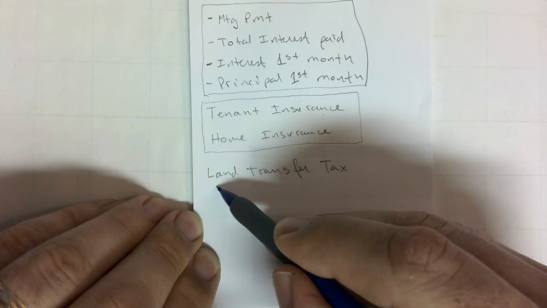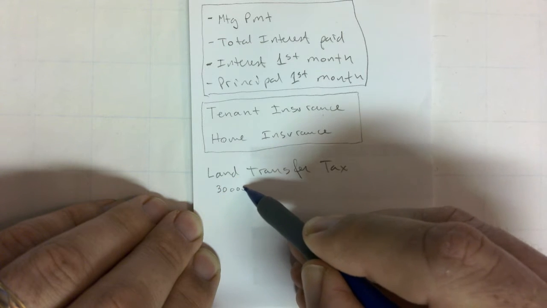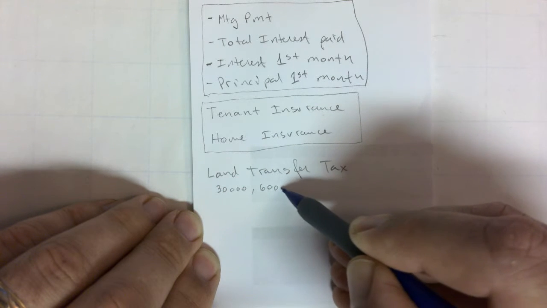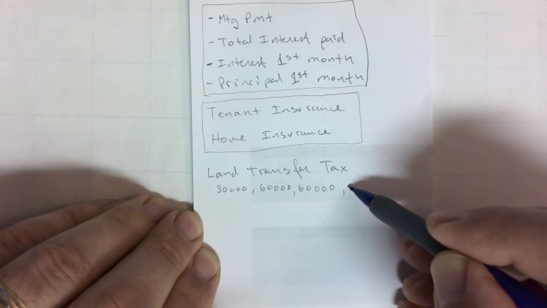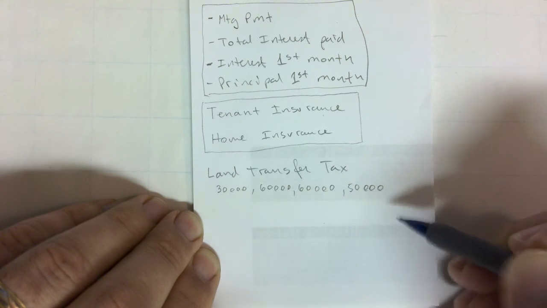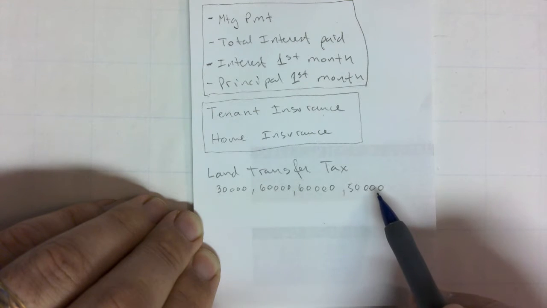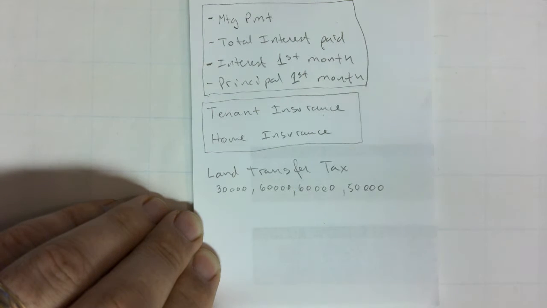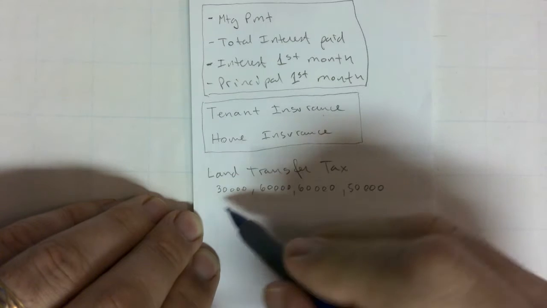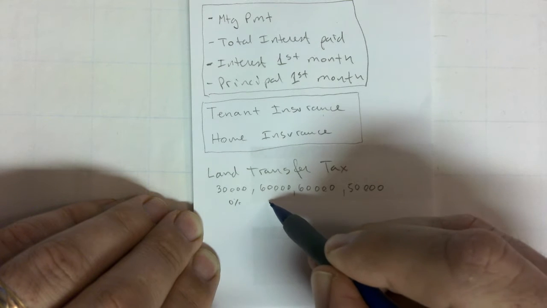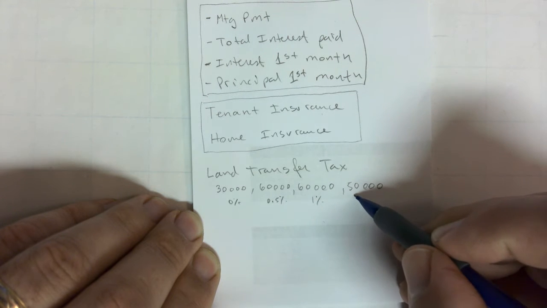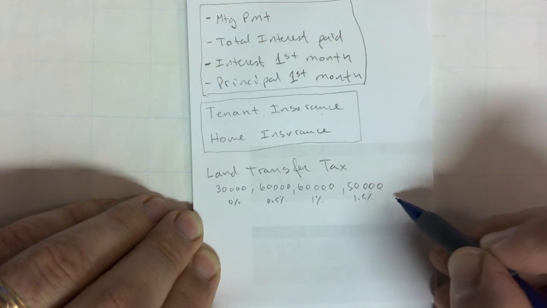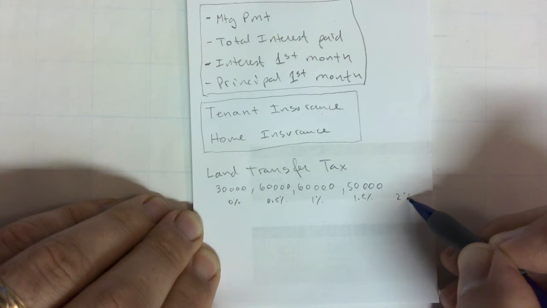Remember, you had your 30,000, your 60,000 tier, and then another 60,000 tier, and you had a 50,000 tier, right? So this would add up to 200,000, and past that we pay 2%. So we pay 0%, 0.5%, 1%, 1.5%, and then it's 2% thereafter, right?